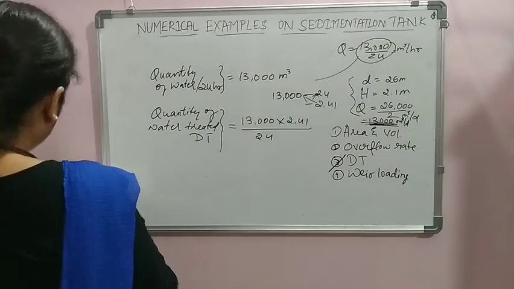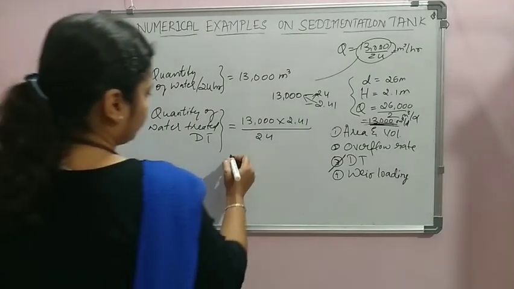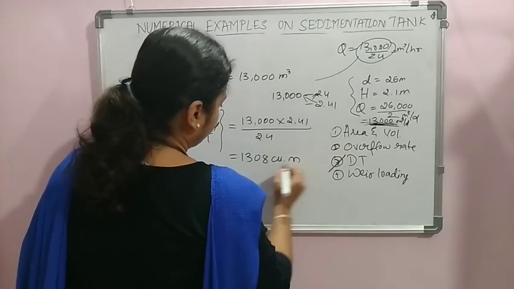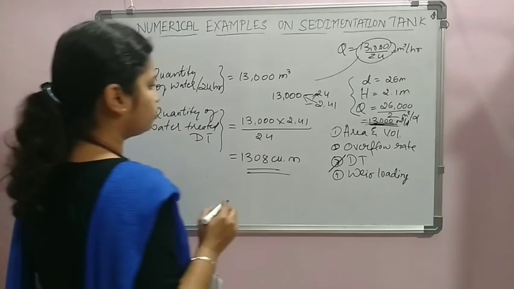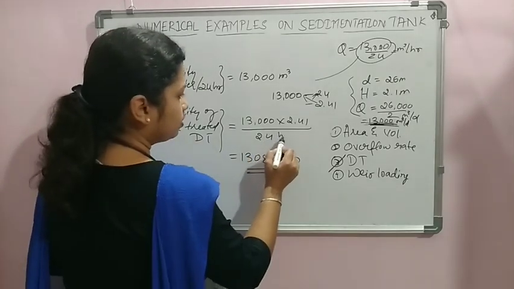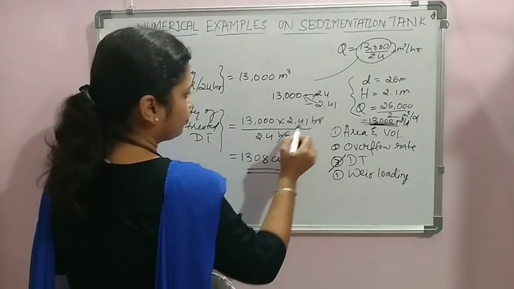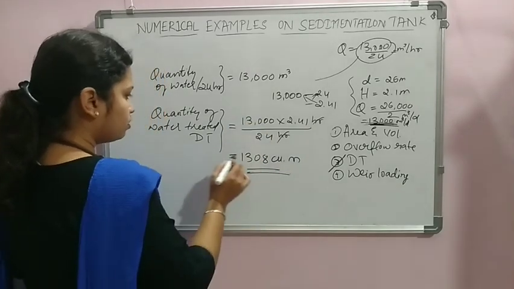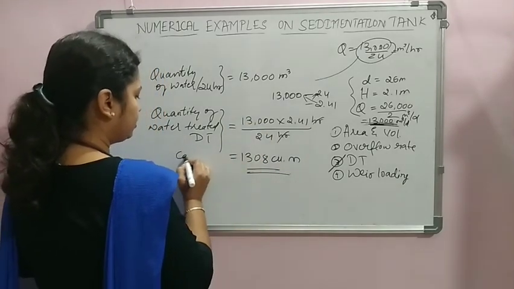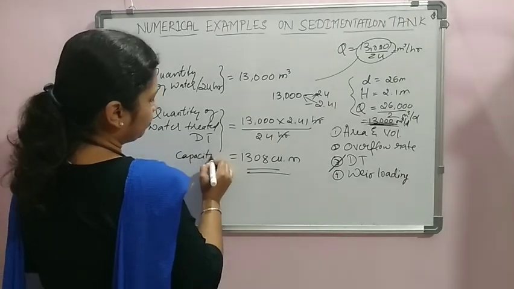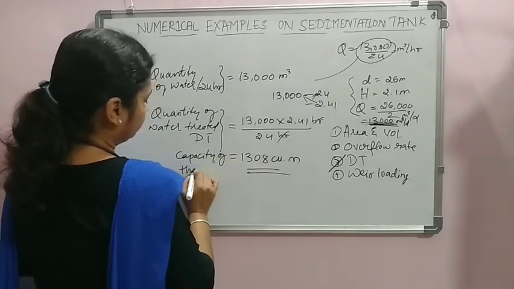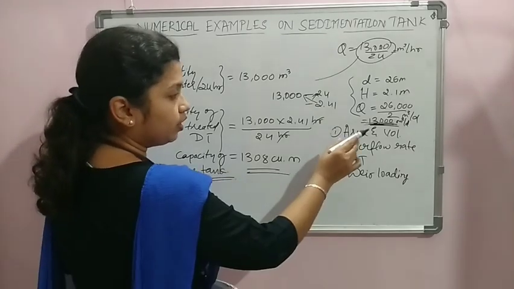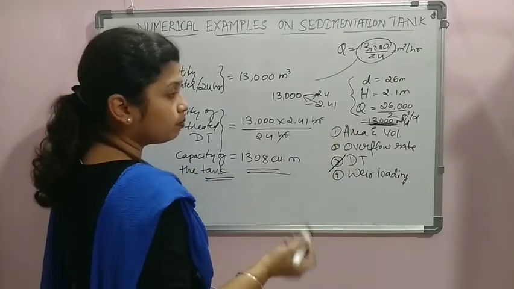So the answer we will get is 1308 cubic meter. Since this is in hours, hour gets cancelled, and the left out unit is cubic meter. This one we can call the capacity of the tank, for which we need to go for the calculation of the area and other parameters.